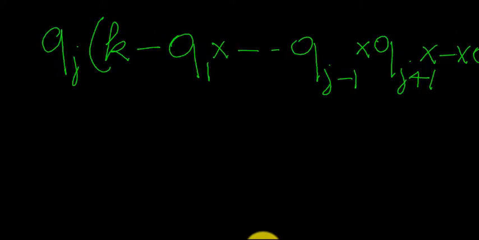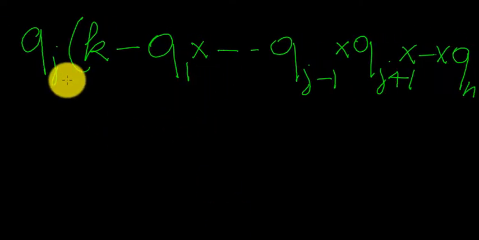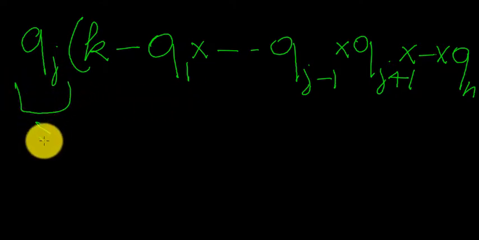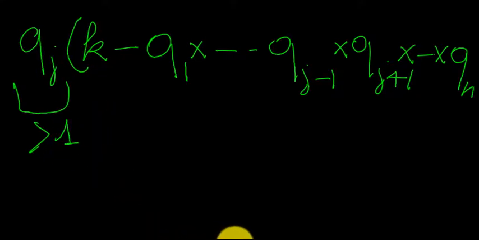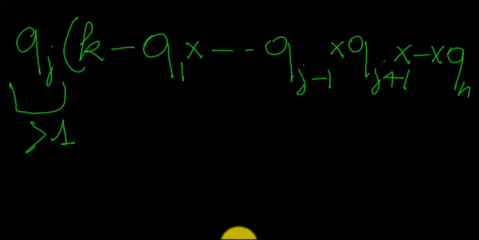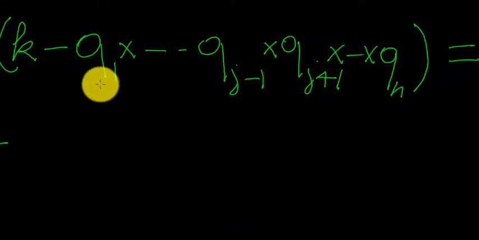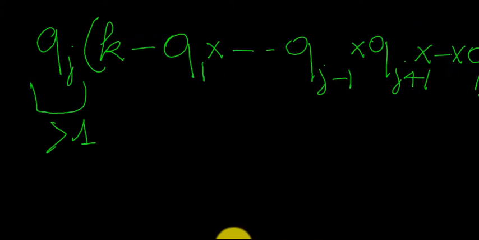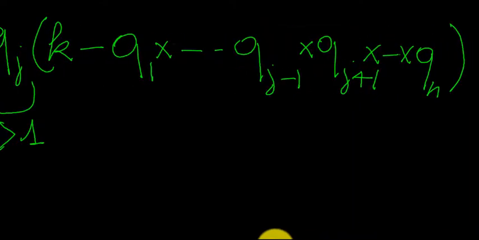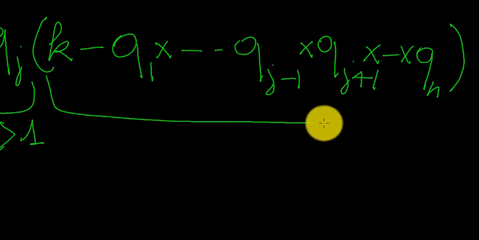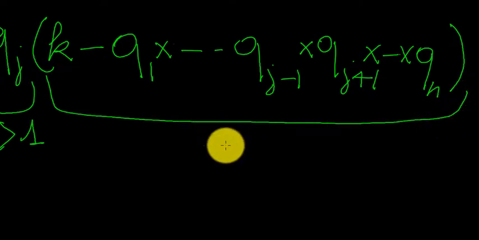So now, what we have here is a prime number Qj, which is strictly bigger than 1, times another integer, k minus this whole thing. It's not negative because the product of Qj by a negative number will not be equal to 1. So this whole part here is bigger than or equal to 1.